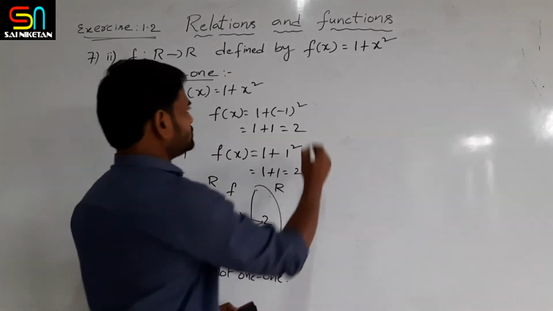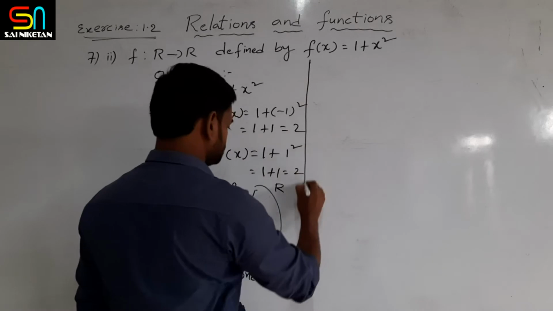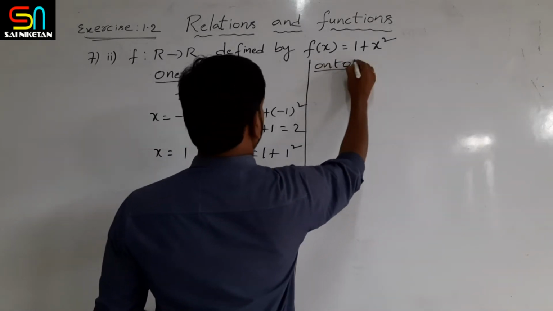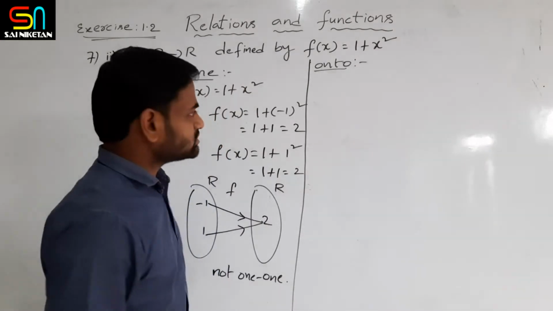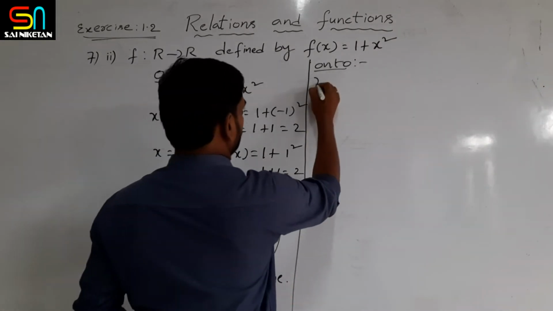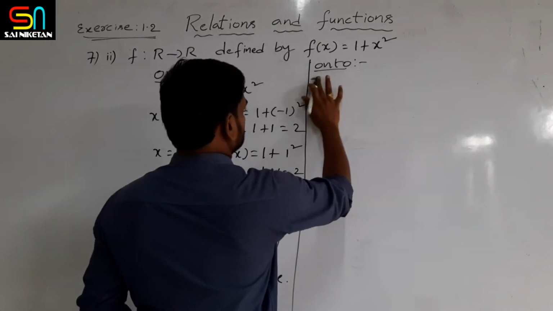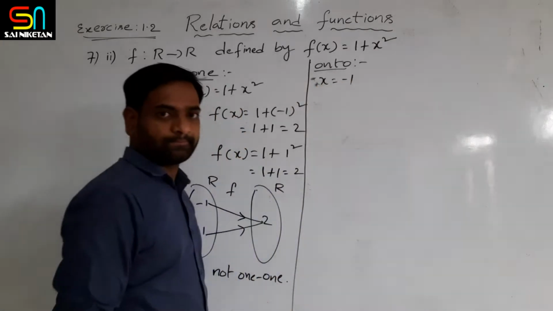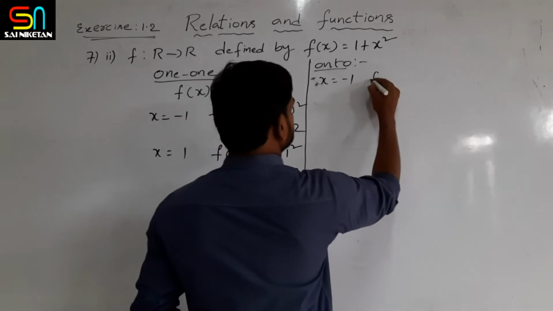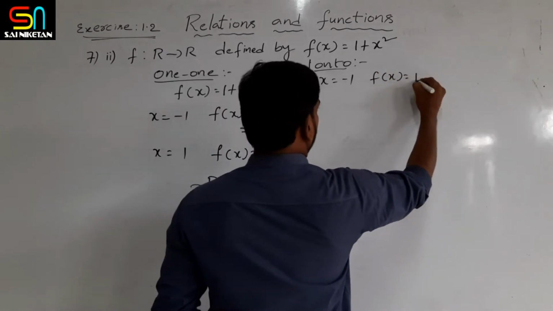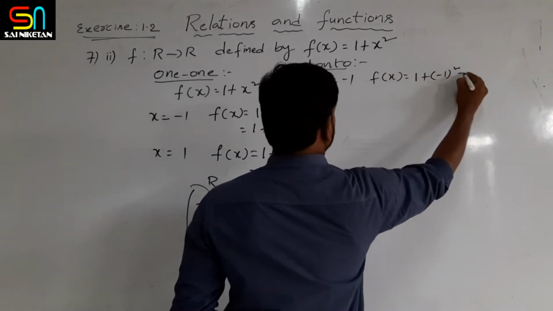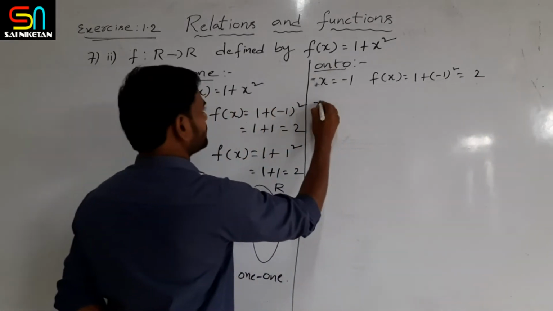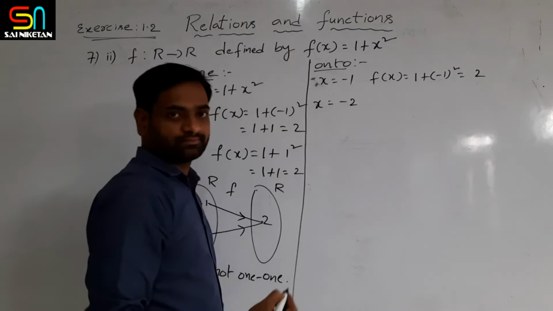Okay. Now check what about onto. Same, I am choosing the values. X value I am taking minus 1. Then f of x is 1 plus minus 1 whole square, 1 plus 1 is 2. Suppose x value I am taking minus 2.